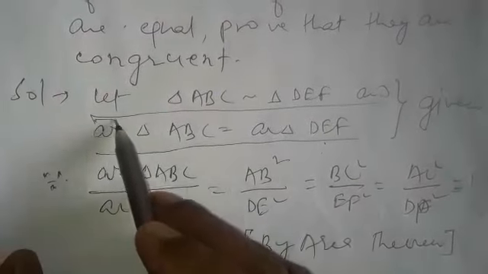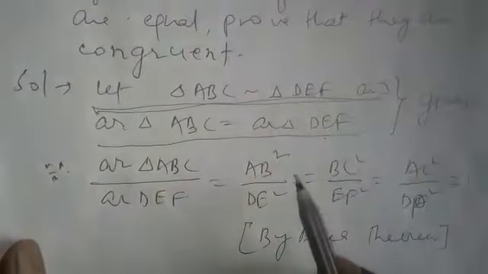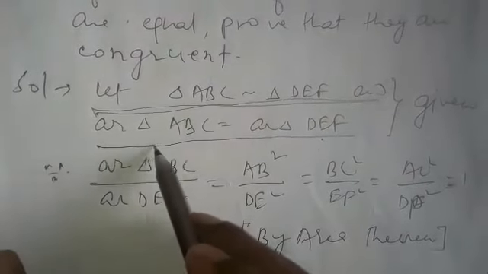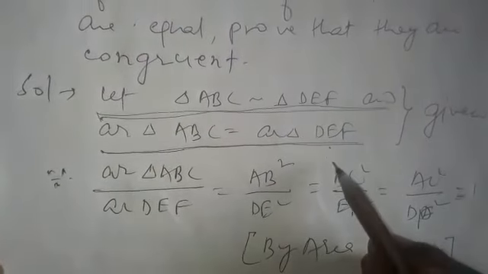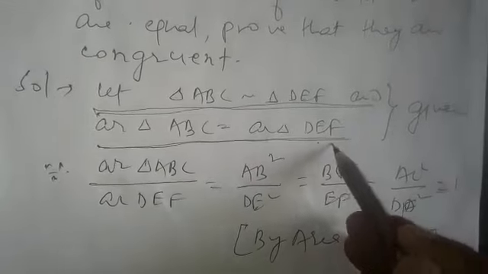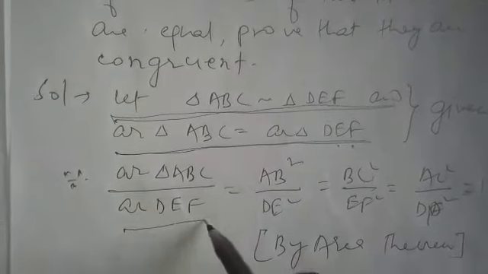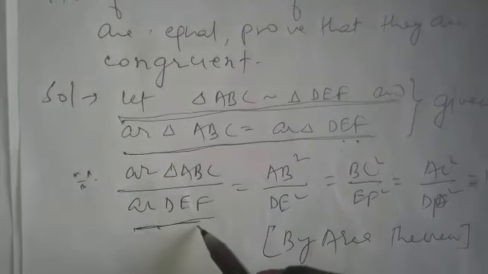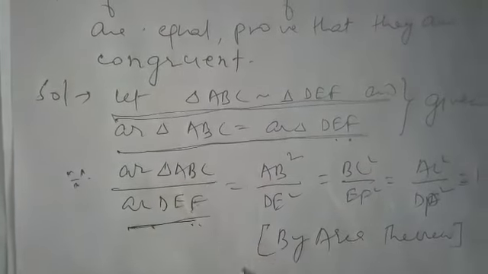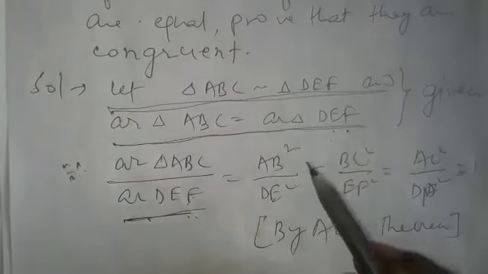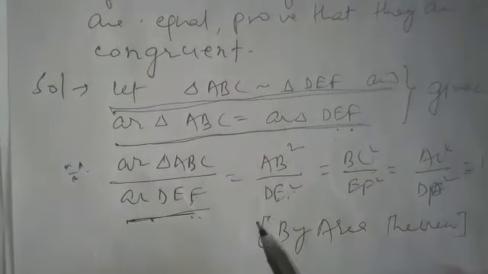Since these triangles are similar and their areas are also equal, on the basis of the area theorem, we can say that the ratio of areas of these two similar triangles is equal to the ratio of the squares of the corresponding sides.